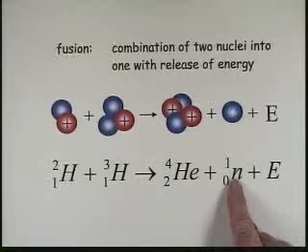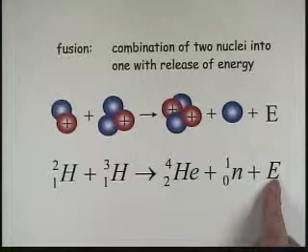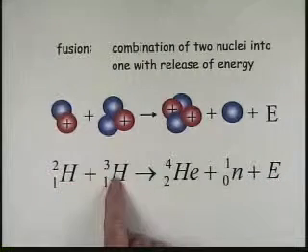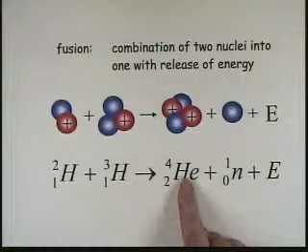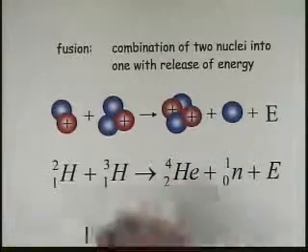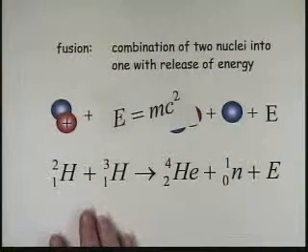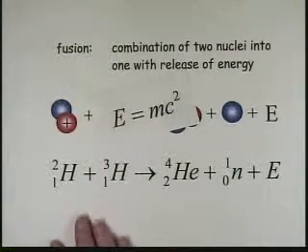Neutrons are not always released in fusion reactions, but energy is always released. Scientists have determined that the mass of these 2 isotopes of hydrogen are quite a bit greater than the mass of the one helium and the one neutron. This mass is converted into energy, again according to Einstein's equation, E equals mc squared.